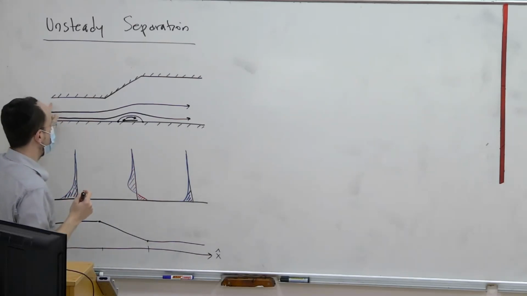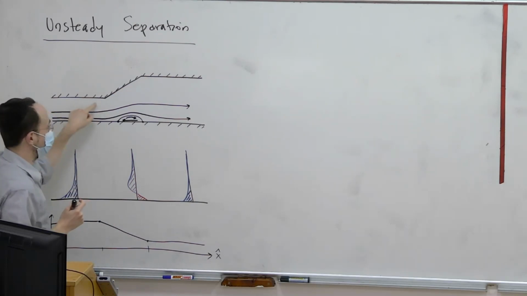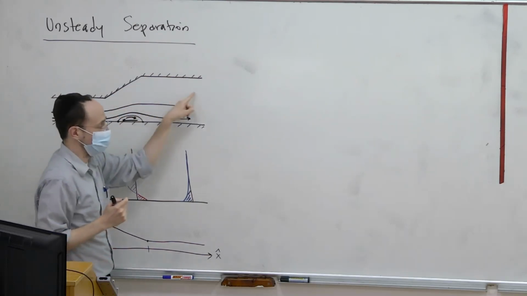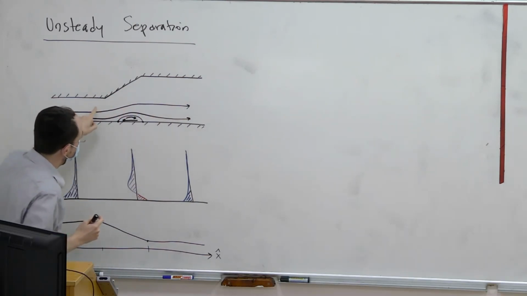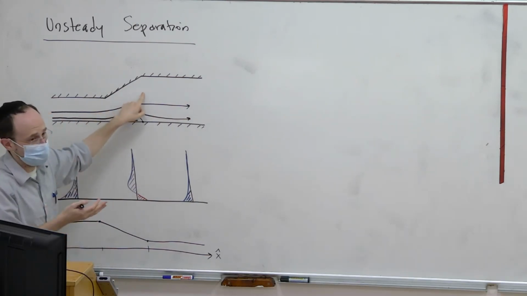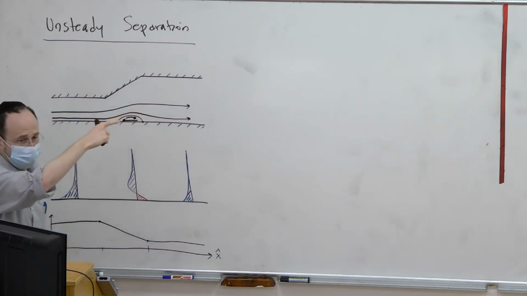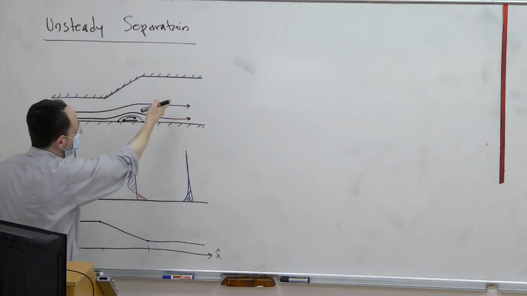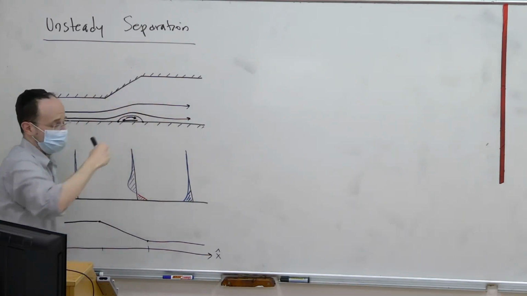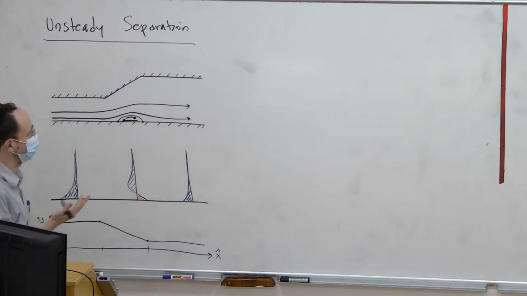Now, of course, what happens when you have this expansion is that the mean velocity in this region is high, and the mean velocity here, of course, is lower, and therefore the mean velocity is decelerating as we go through this expansion. So if the mean velocity of our flow is decelerating in this expansion region, we're going to have an adverse pressure gradient, right?